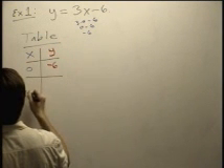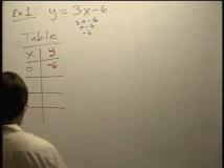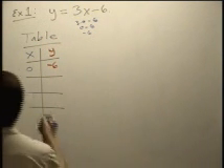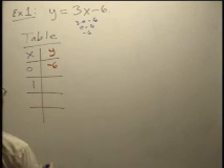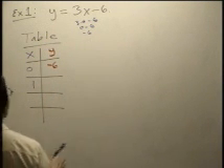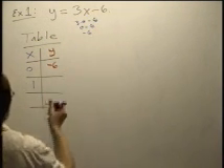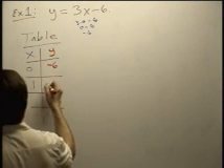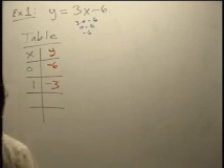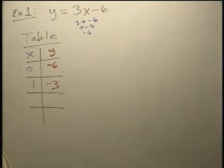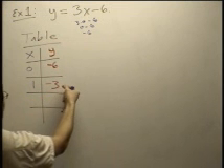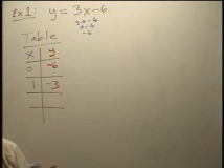Let's fill in a few more values in this table. If we have an x value of 1, then putting that in here, we'll get 3 minus 6, or negative 3, for our y value. So the number 1 corresponds to the number negative 3. 1 in the first set is paired with negative 3 in the second set.